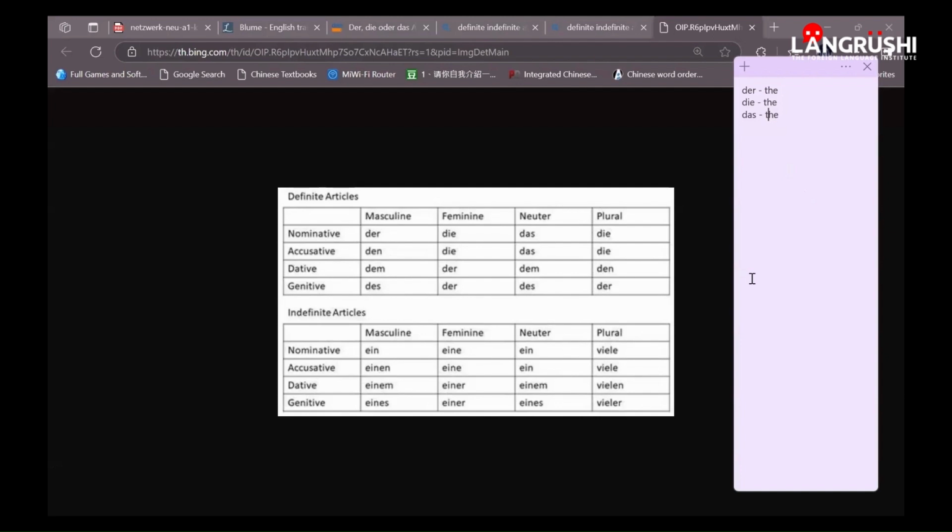Right now we are only dealing with this line, der, die, das, die. In chapter 4, we will learn how it changes from der to den. So this we are yet to learn. But every grammatical structure depends on the articles. Everything.